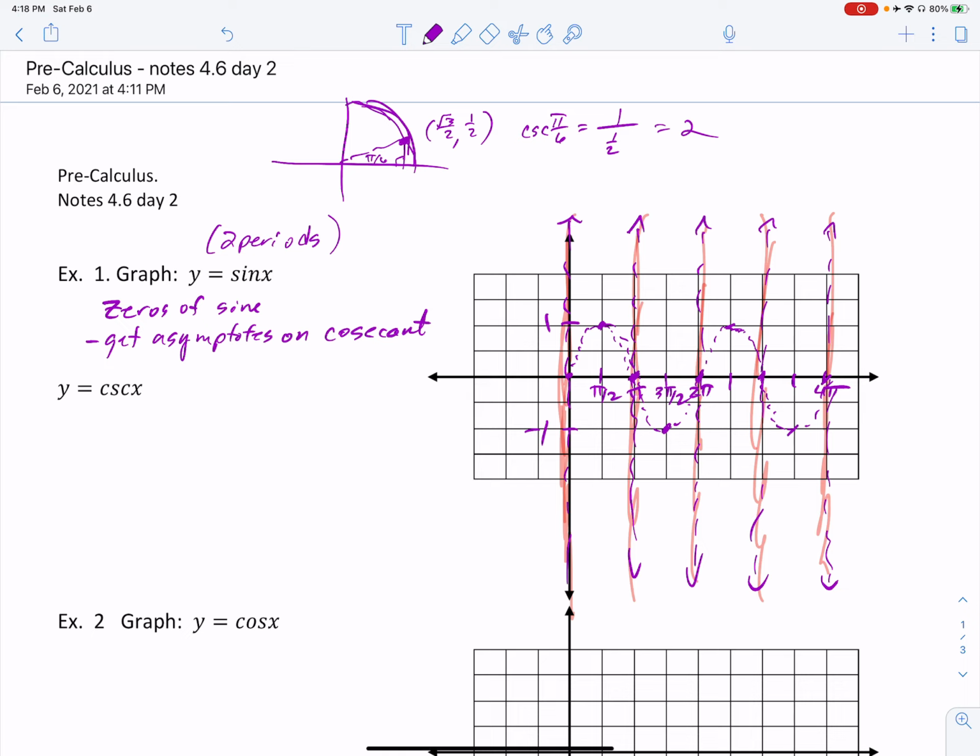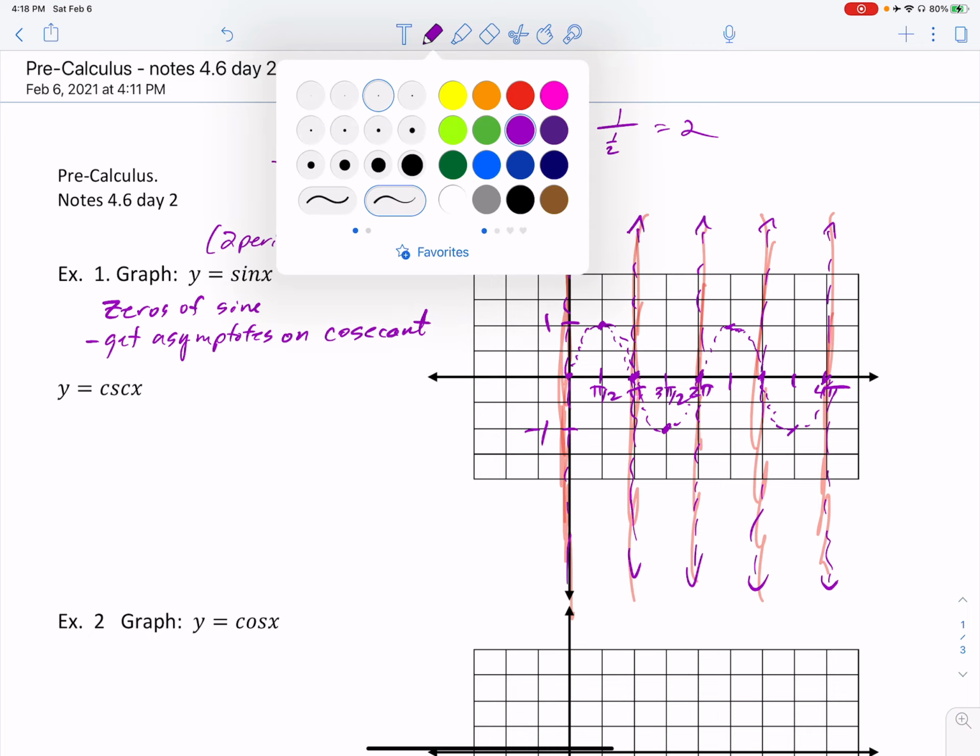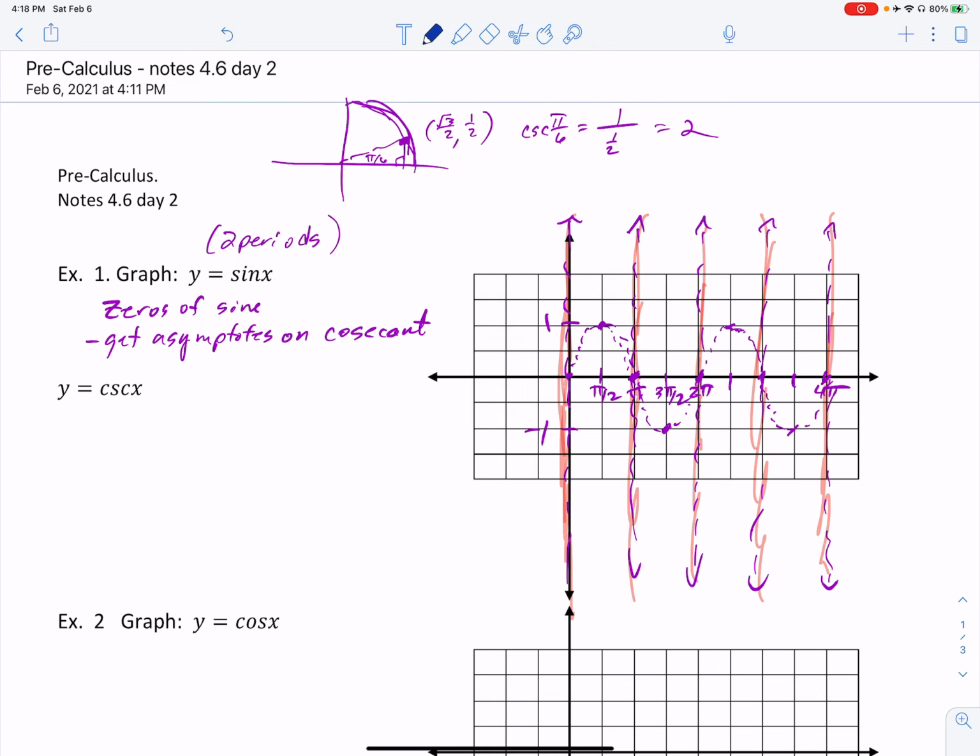And the one place where they're the same is when sine is 1. And so the graph of cosecant has the same points when sine's 1 or when sine is -1, so they're going to share those points. But other than that, when you do the reciprocal of something that's between 0 and 1, you get something larger than 1.